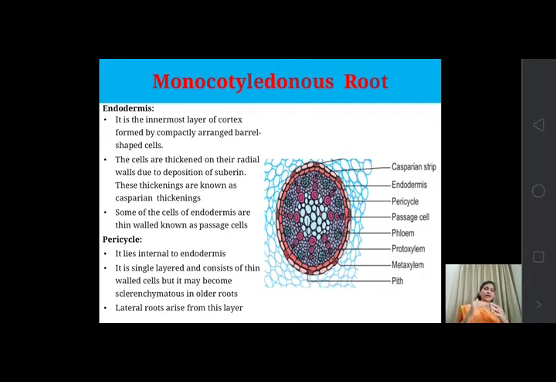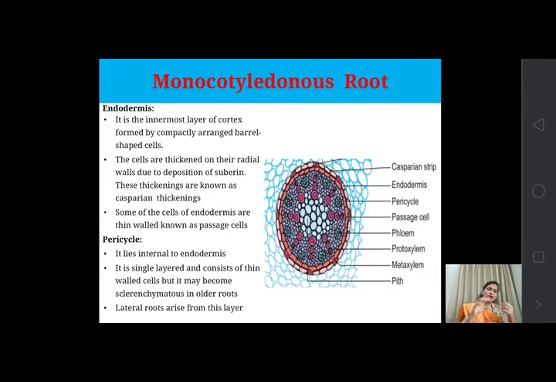Then after endodermis, the stele region is started, and the first part of the stele is the pericycle, which is thin walled parenchymatous living cells. But in older roots, it will become sclerenchymatous due to the deposition of suberin materials. And the lateral roots arise from this pericycle region.